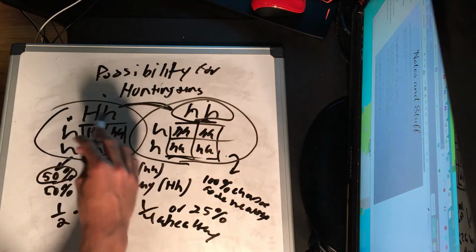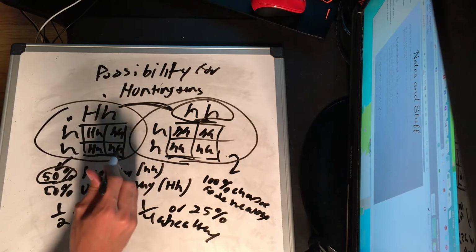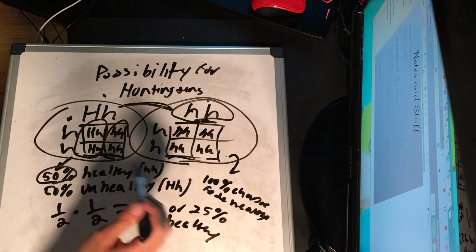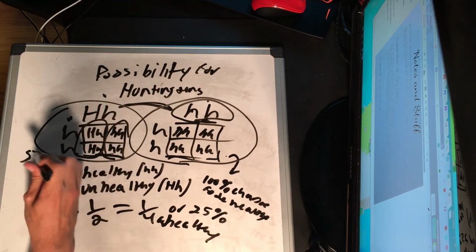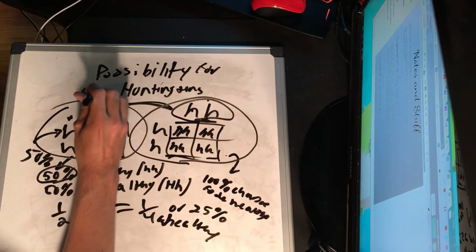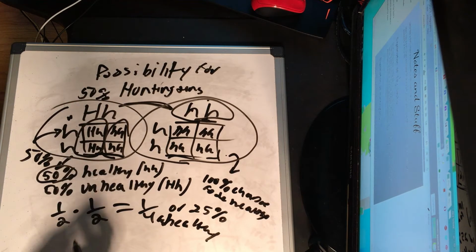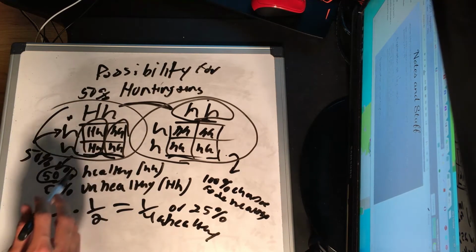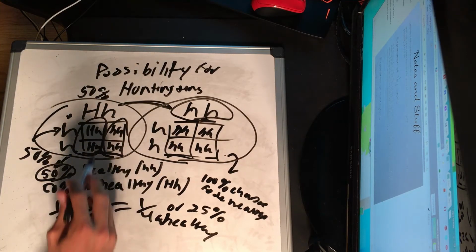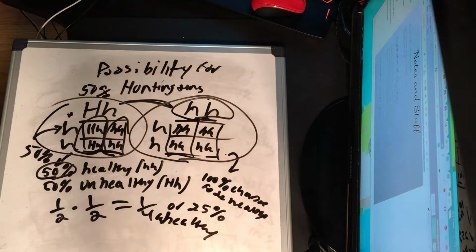So in this 50% chance, there's going to be another 50% chance here to be unhealthy. So there's a 50% chance inside this Punnett square, and a 50% chance overall for Leila to have Huntington's. So essentially, the 0.5 chance here and the 0.5 chance overall is going to equal 1/4, or 25%.